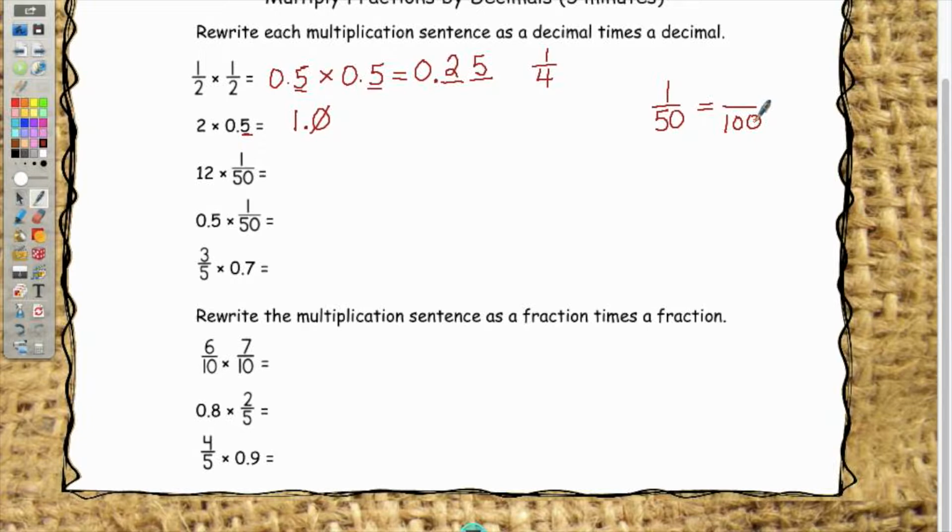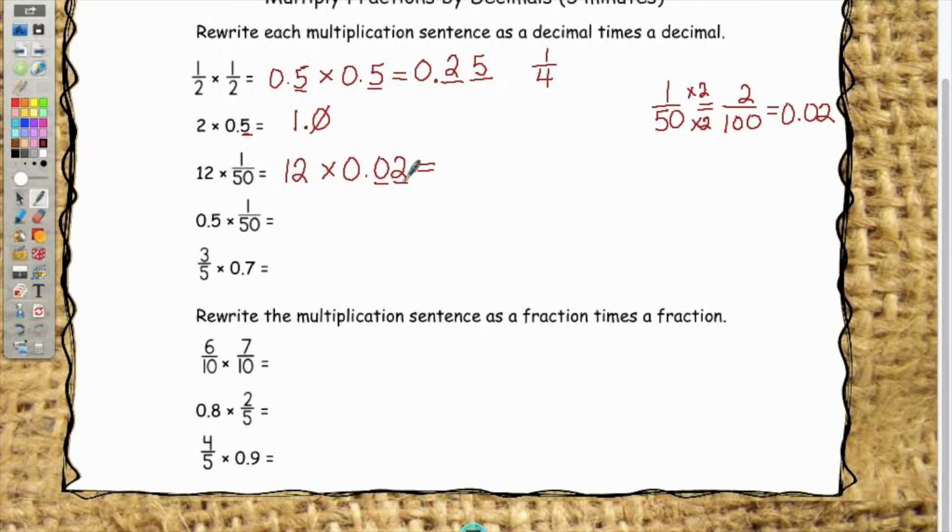50 times what? 50 times 2. And 1 times 2 is, so 2 hundredths. Do you agree? Okay, so I'm going to rewrite this. 12 times 2 hundredths. Now I'm going to underline.